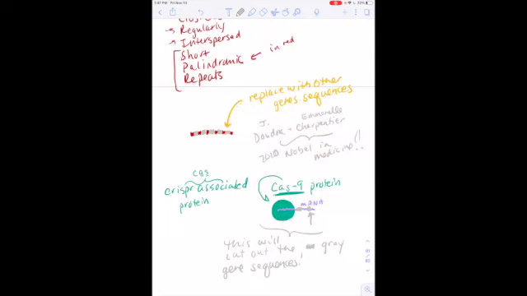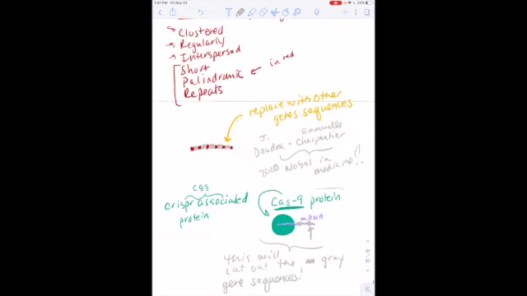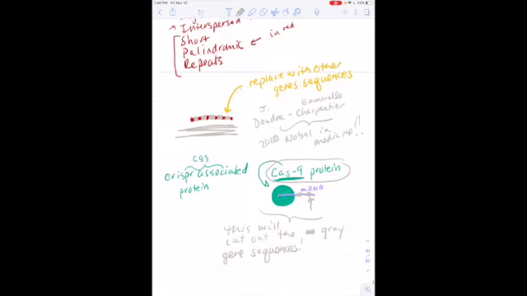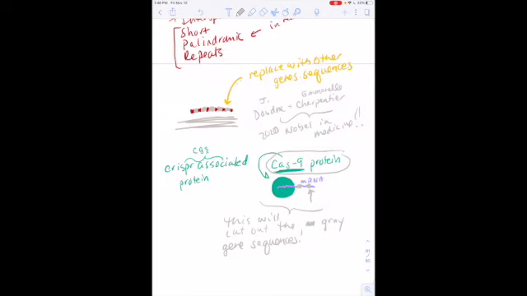So you do need to be aware. You're not going to have to explain all that sort of thing, but you do need to have an idea of what Cas9 does and what these short palindromic repeats are, and that it originated in bacteria. So far, it's allowed us to basically cure a woman of sickle cell anemia by going in and editing her gene for hemoglobin.